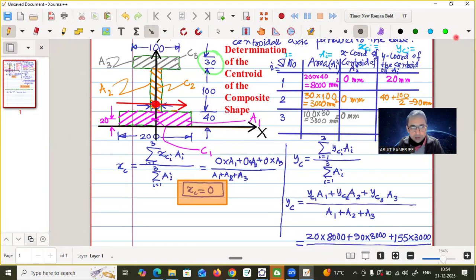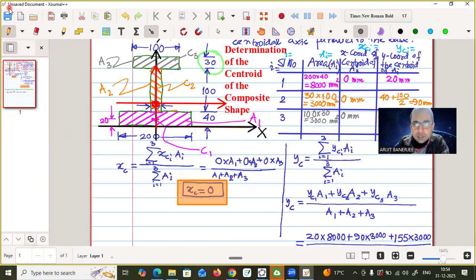The centroidal x coordinate is here, and the centroidal y coordinate is along this line itself. So we can just show it along this line. That means the black and the red y axis are basically overlapping. So this is the x coordinate. Let me mark that.